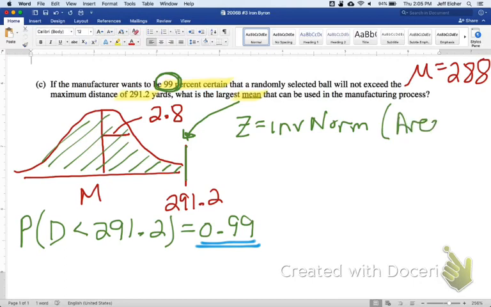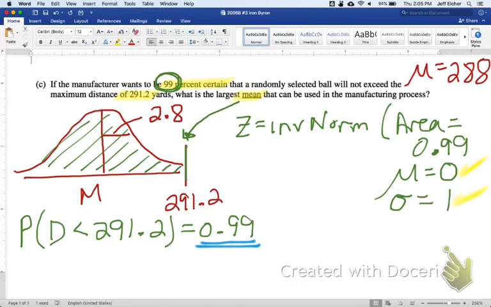Our area is 0.99. With z-scores, we always know the mean of a z-score distribution is 0, and the standard deviation is always 1. Those are really helpful tips. If you're not sure in a normal distribution what the mean and standard deviation are, convert it to a z-score first.